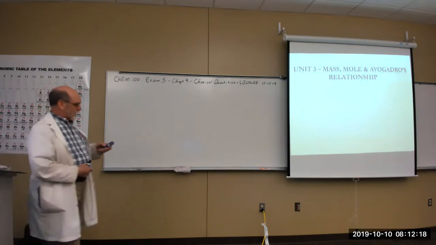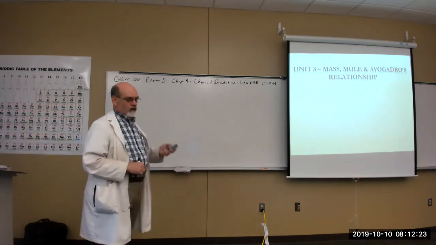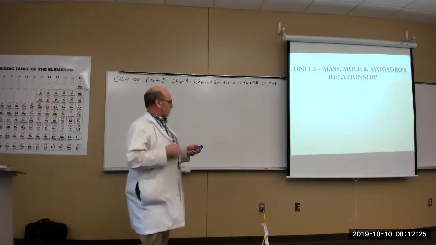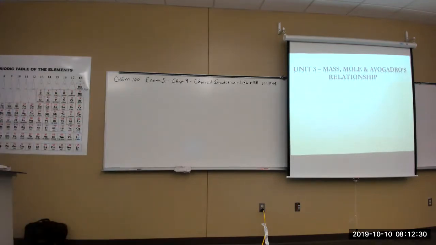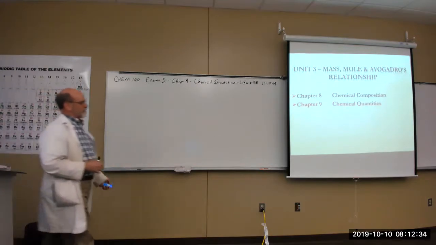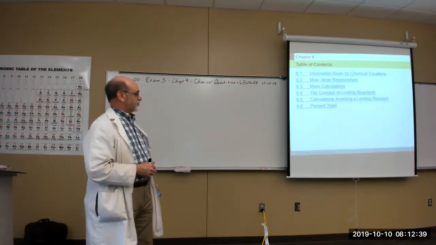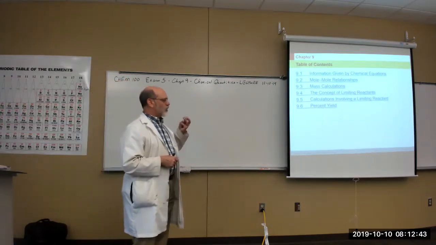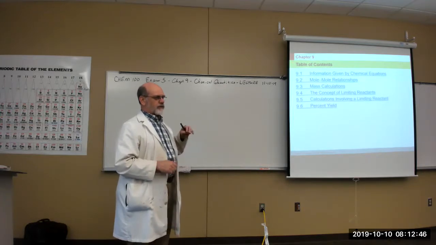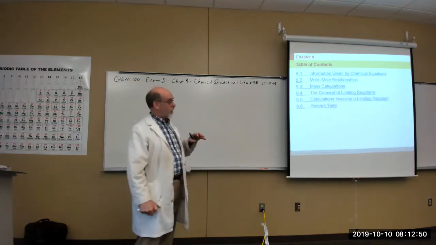Okay, so next exam 5 is going to be on Chapter 9, Chemical Quantities. We're going to look at particular mole-mole relationships, and those have to do with the balanced equations primarily.